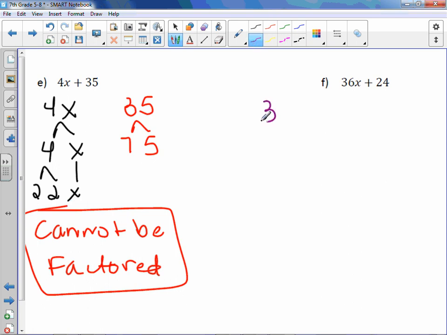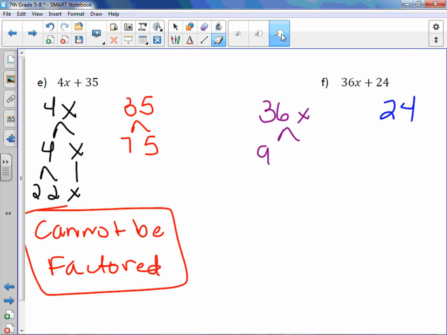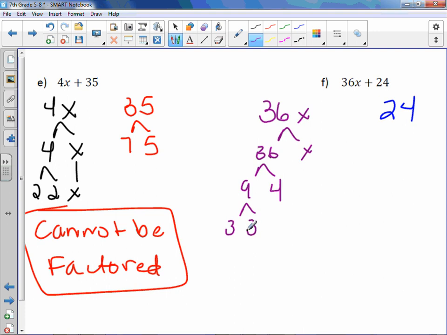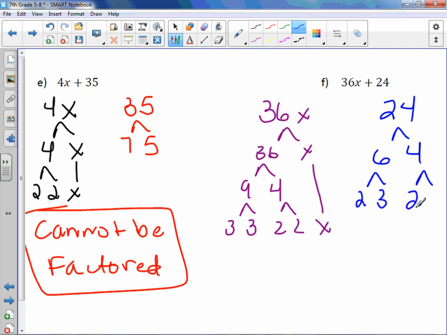Letter F, 36x and 24. Let's break apart the variable and the number. So 36 times x. 36 is 9 times 4. 9 is 3 and 3. 4 is 2 and 2. And bring down the x. 24 is 6 and 4. 6 is 2 and 3. 4 is 2 and 2.